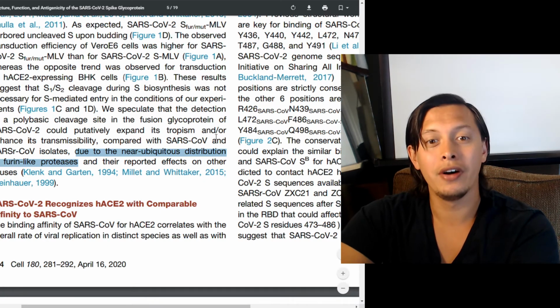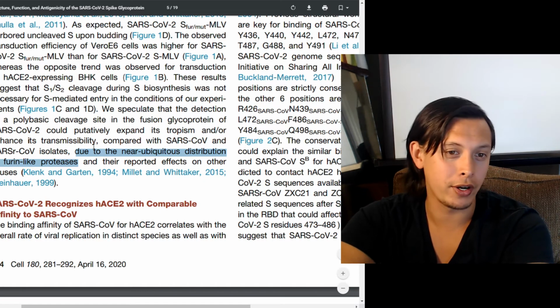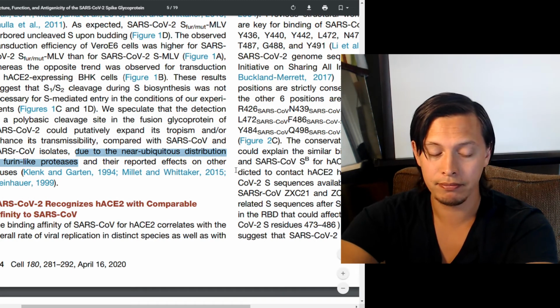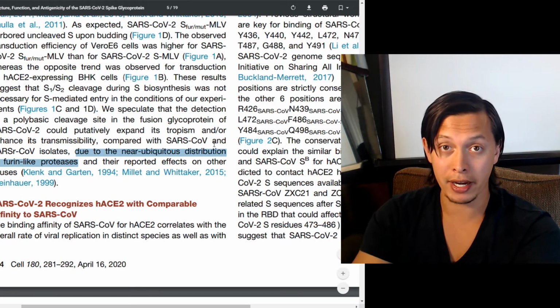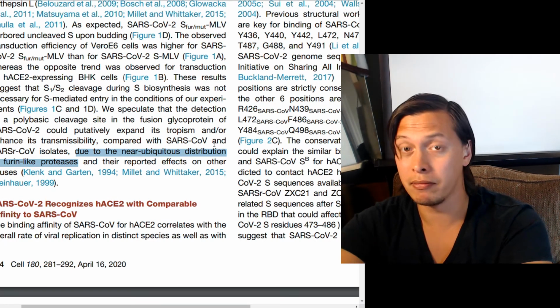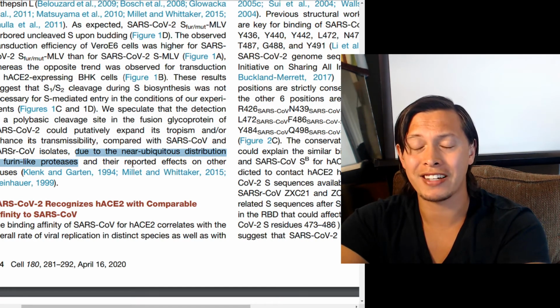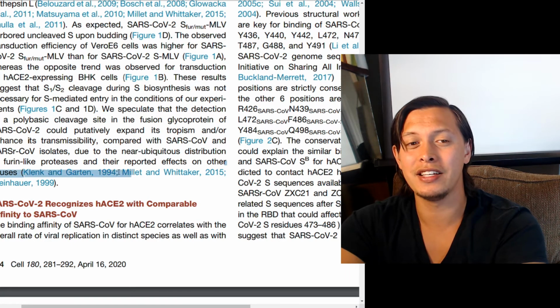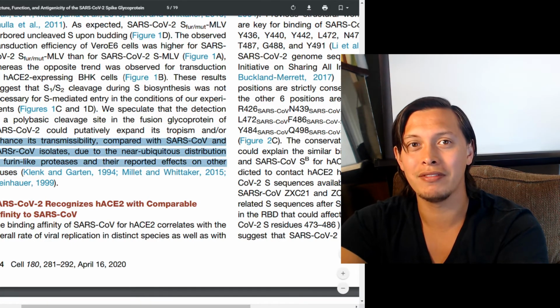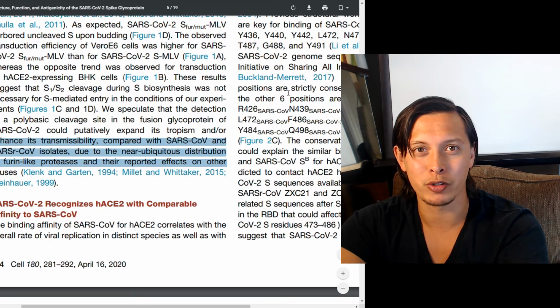So, just because furin and furin-like proteases are expressed throughout the body and in many species, we say that this is going to help the virus become much more transmissible.